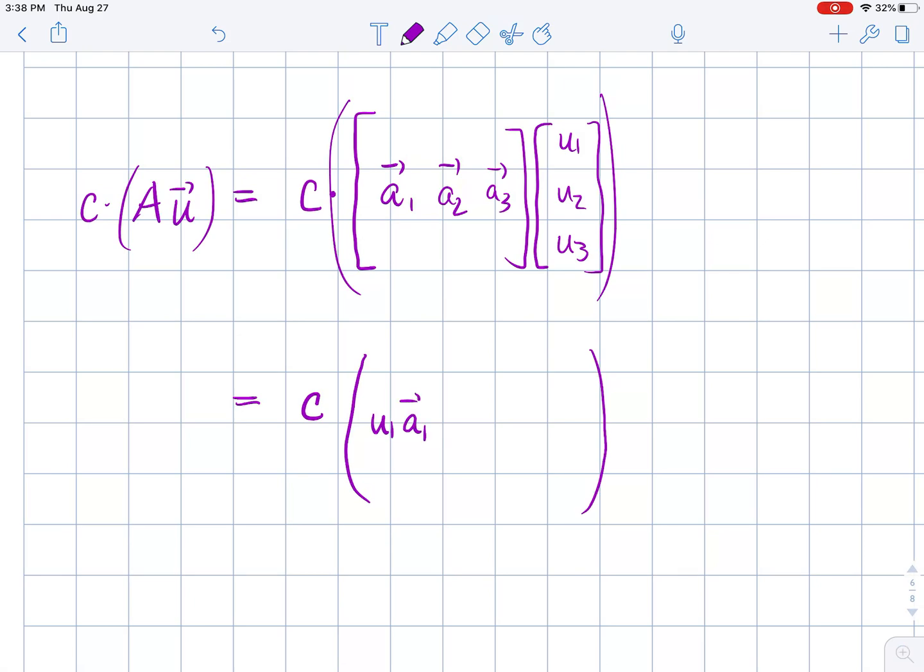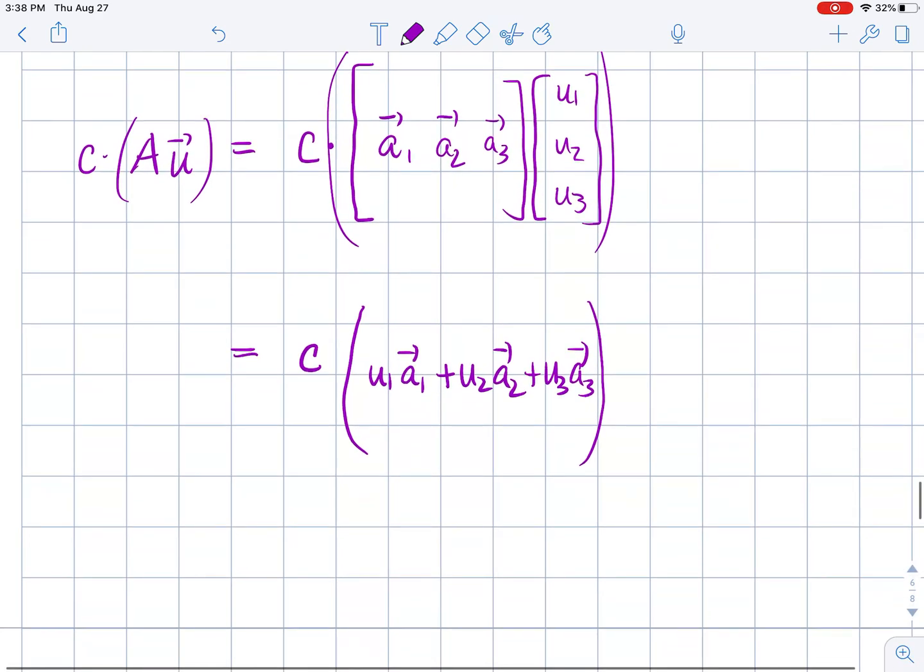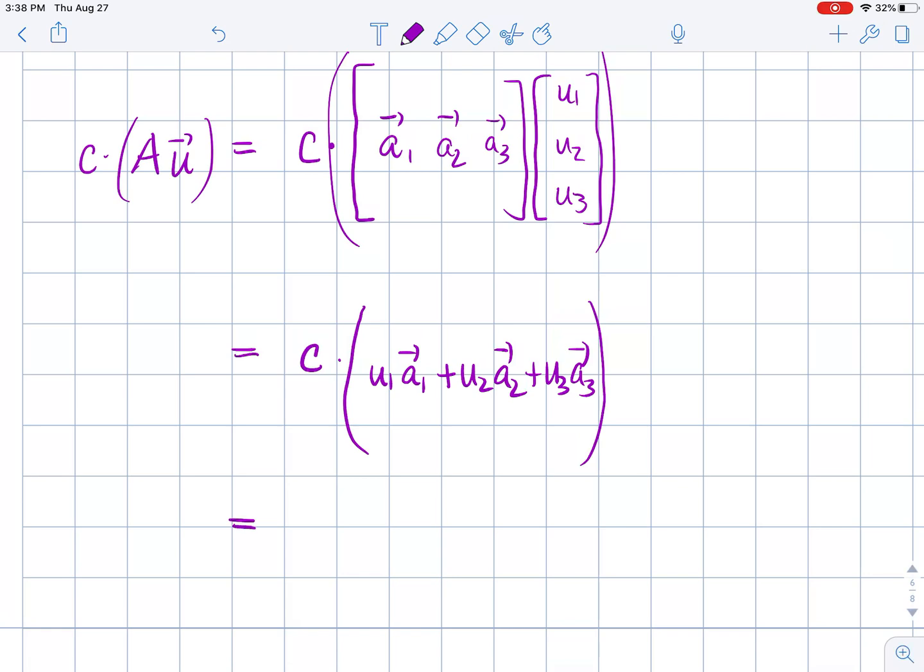So it's going to be U1 times the first column, U2 times the second column, plus U3 times the third column. And now when I multiply that sum by that constant, it's just going to distribute to those three terms.